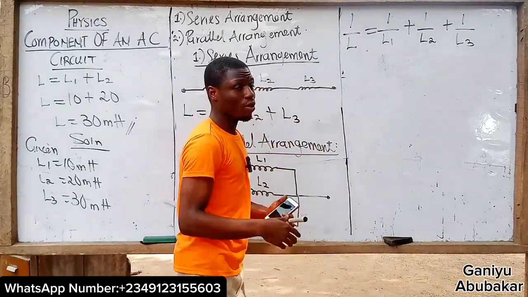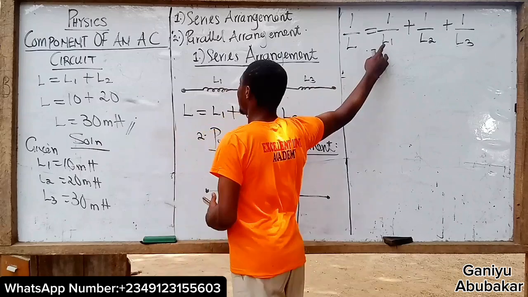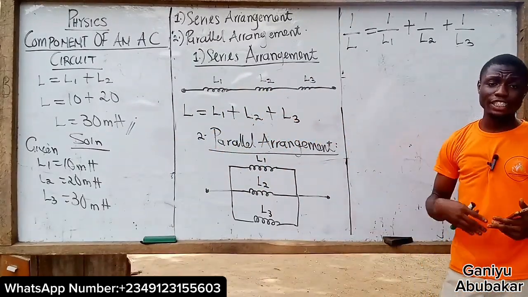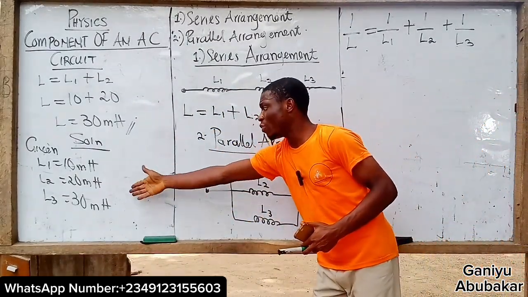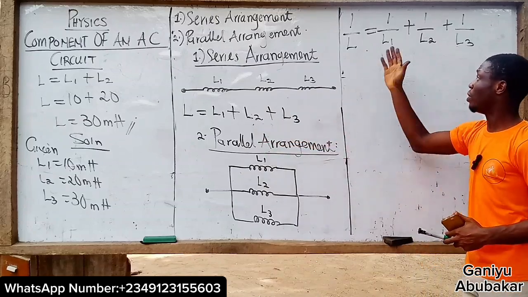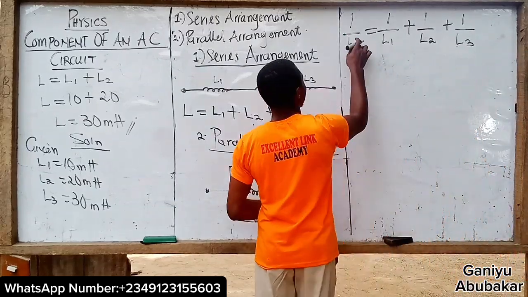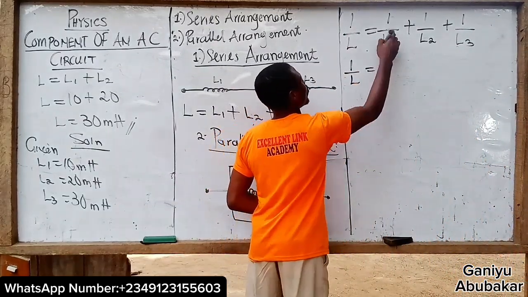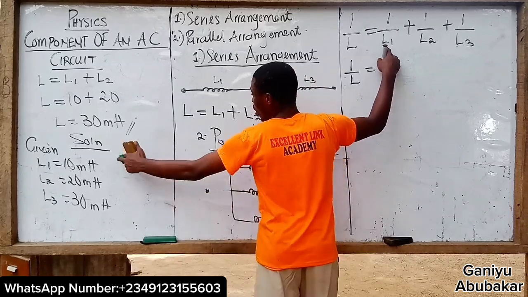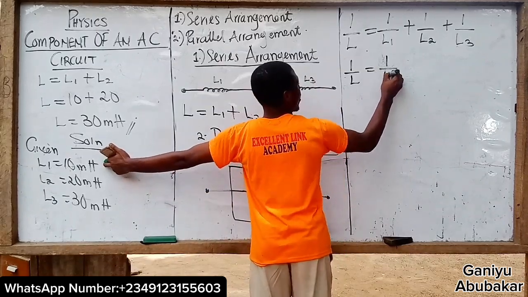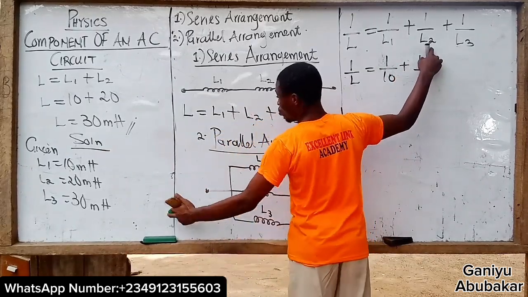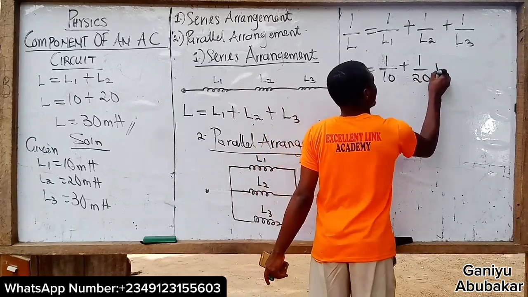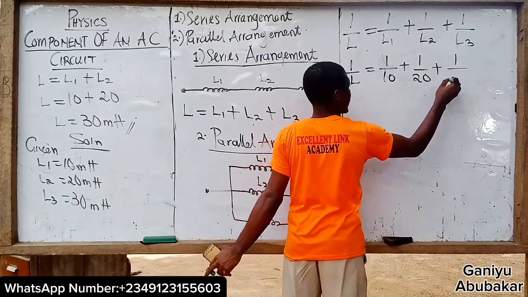All right, from here now, I will record this formula for calculating inductance arranged in parallel. I'm given L1, L2, L3, so substitute these values. I'll have that 1 over L is equal to 1 over L1, of course 10, plus 1 over L2, that's 20, plus 1 over L3, that's 30.